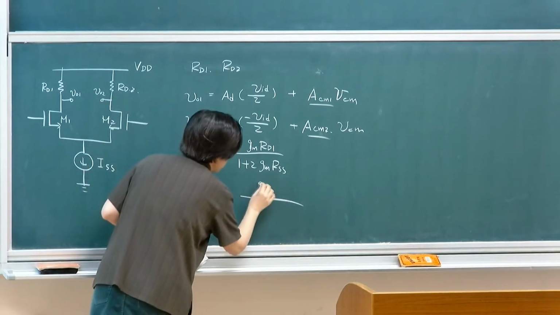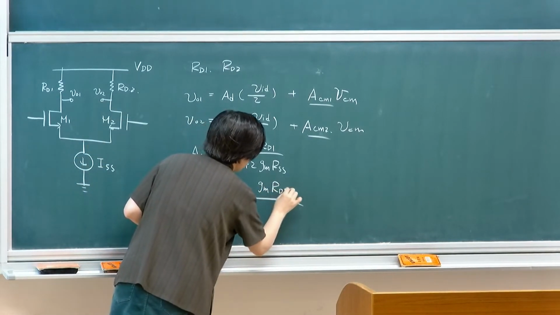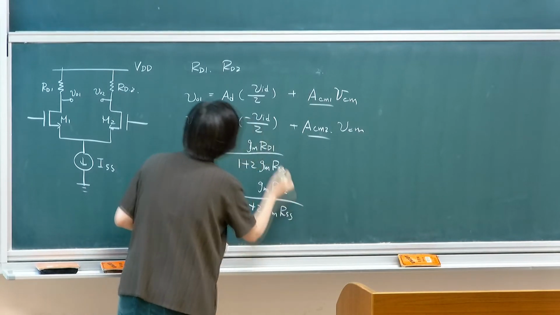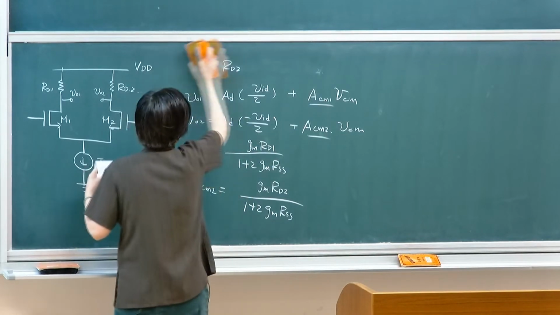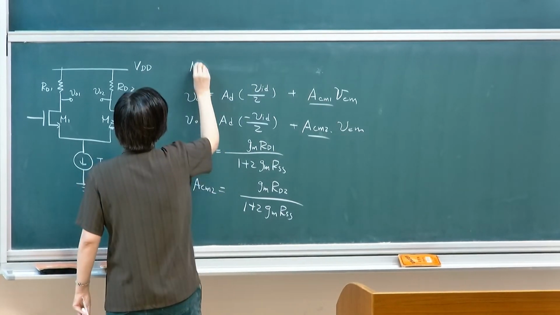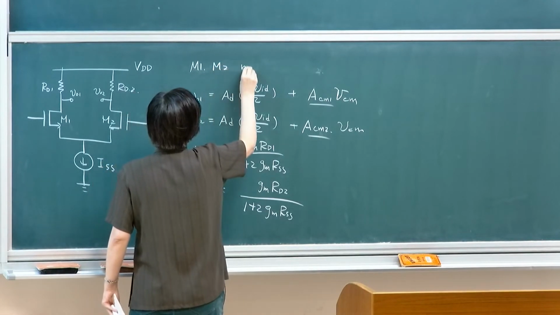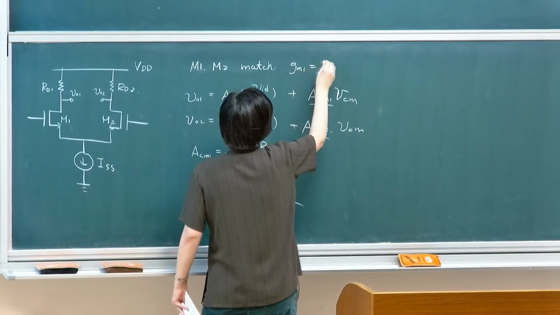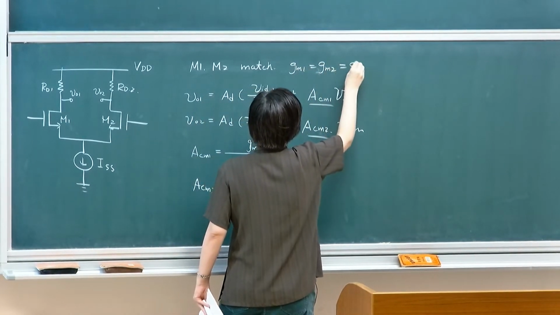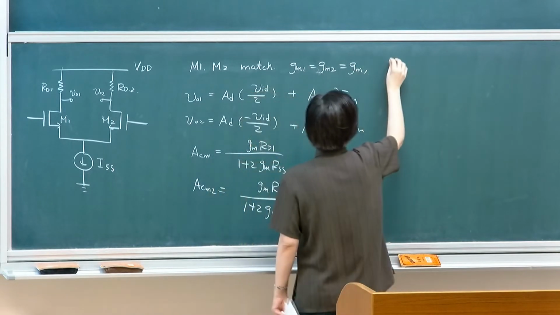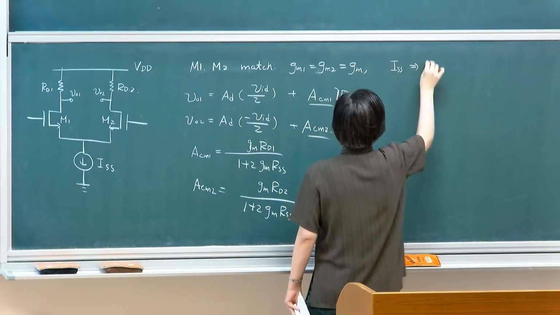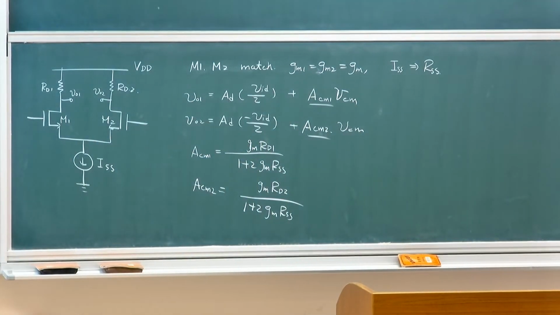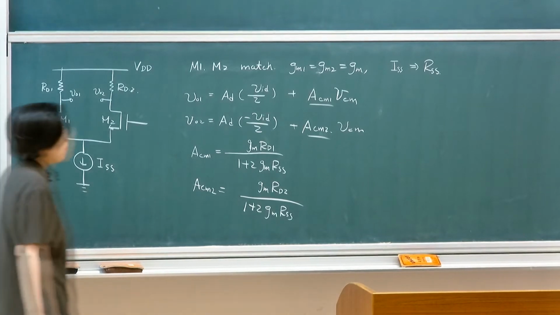The right branch will then be GM RD2 over 1 plus 2 GM RSS. Let me state my assumption. Let's assume that M1 and M2 are matched, that is to say GM1 equals GM2 equals GM. And then ISS has an output resistance of RSS. That's basically what we use to get this conclusion.